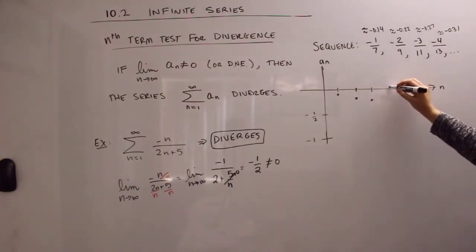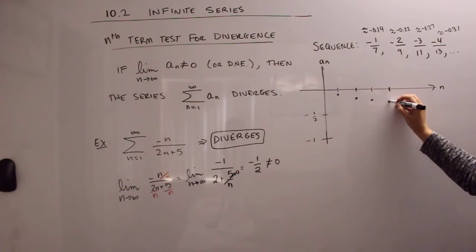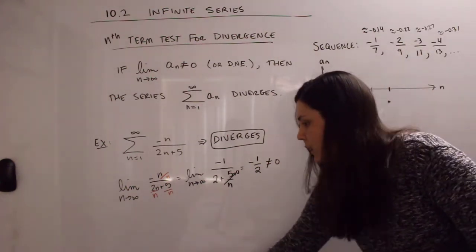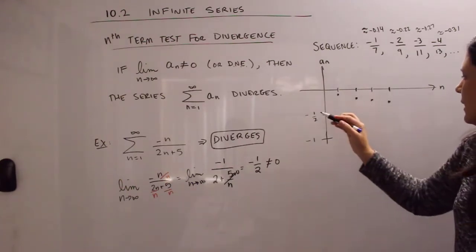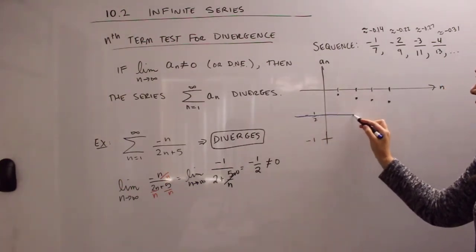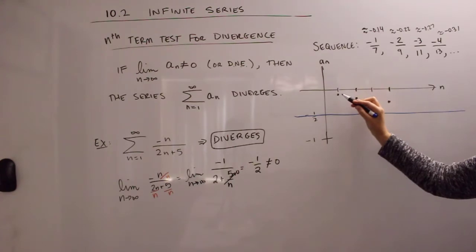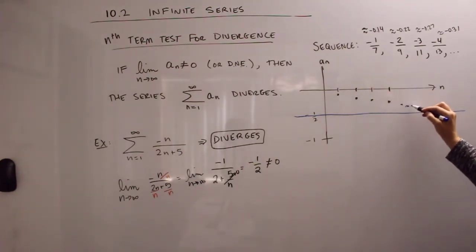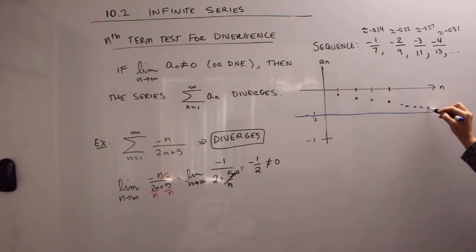When n is 4, a little bit lower, -0.31, and so on. What's happening with this sequence of terms is they keep decreasing, but eventually make their way toward -1/2 and just approach that value.